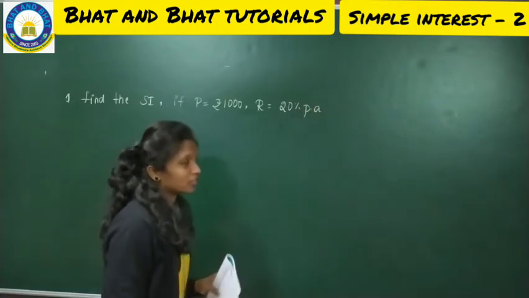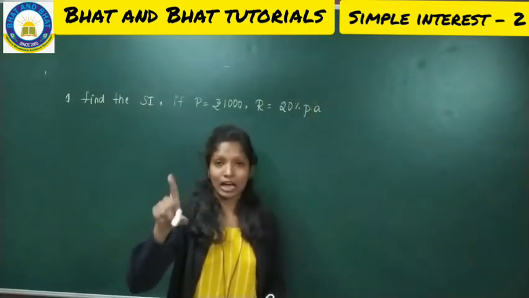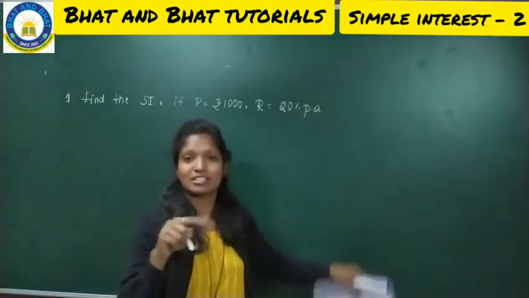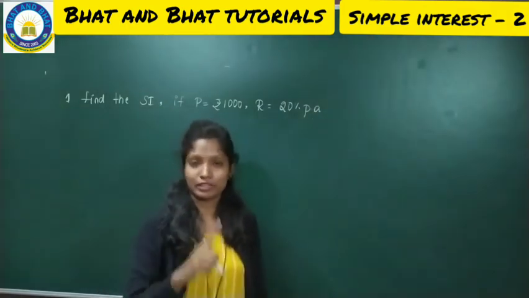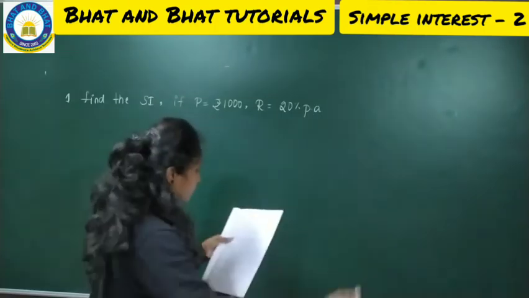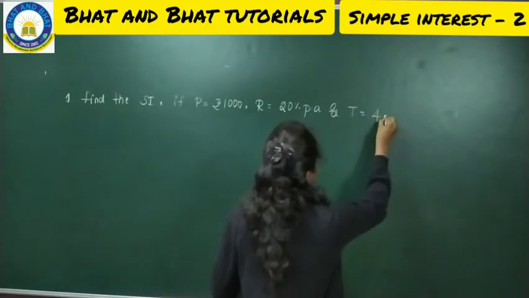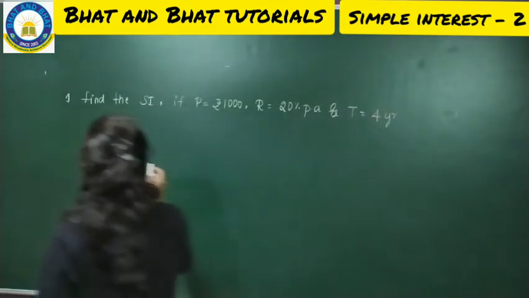You can ask me, ma'am, what is per annum? Per annum is for 1 year. Per month, PM, if they give, it is understood it is for 1 month, okay? So per annum, and T is 4 years.